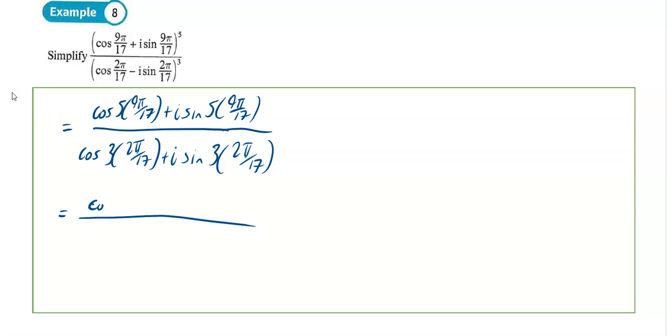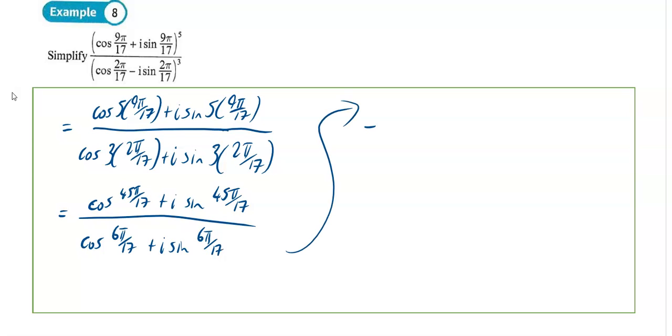So again, just write that out. That's going to be cos of 45 pi over 17 plus i sine of 45 pi over 17. And then bottom line, multiply it out, it's going to be cos of 6 pi over 17 plus i sine of 6 pi over 17. And we'll go up here to finish this off.